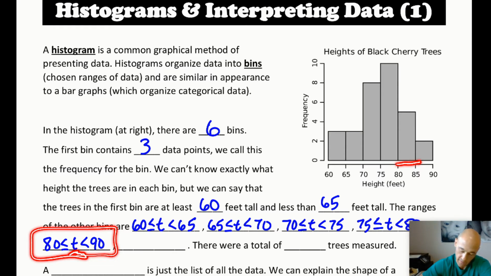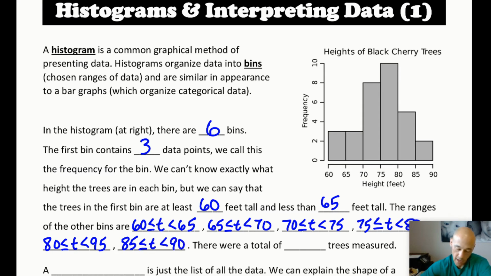Oops, it should have been 85, not 90. There we go. So this is the range for this bin right here, and all of the trees in there. And then the last one there is 85 is less than or equal to the height of the trees, which is less than 90.